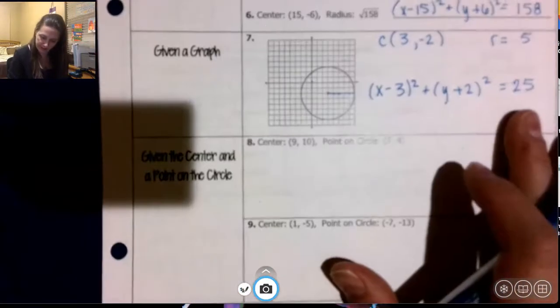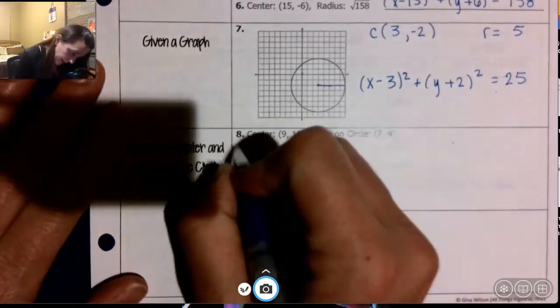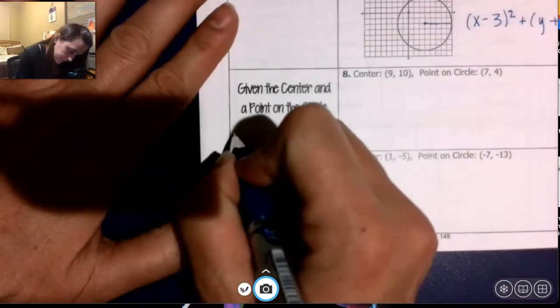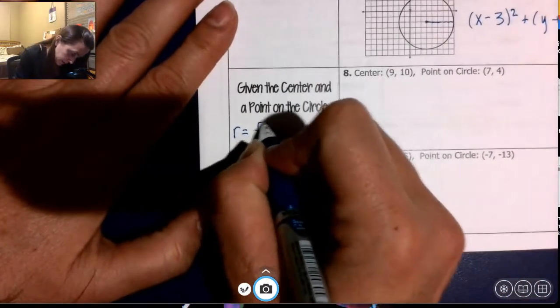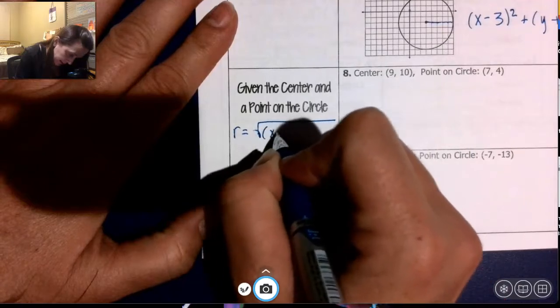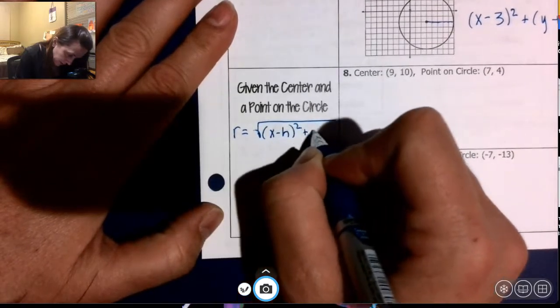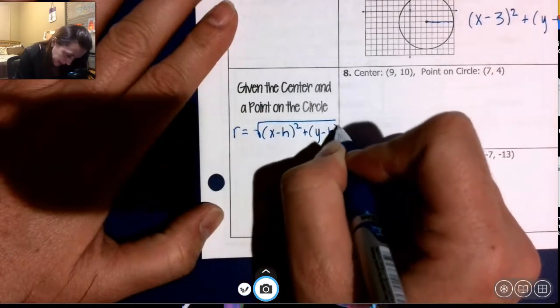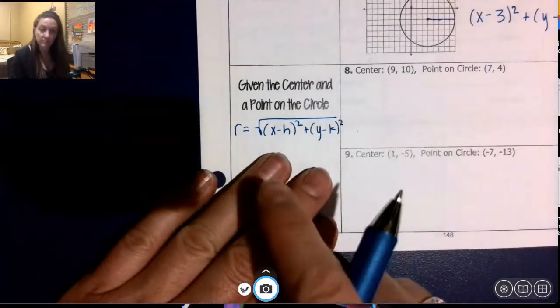So I'm going to rewrite this down here. The radius would be equal to the square root of (x minus h) squared plus (y minus k) squared, taking that straight from my actual equation.